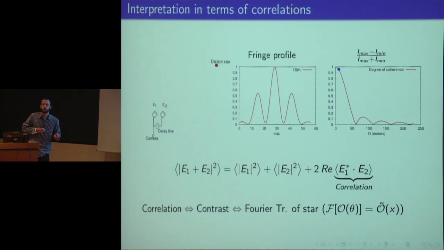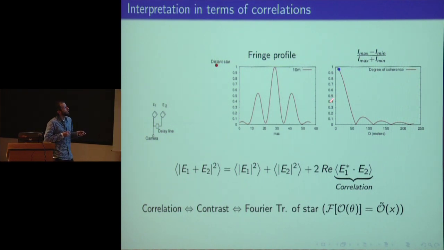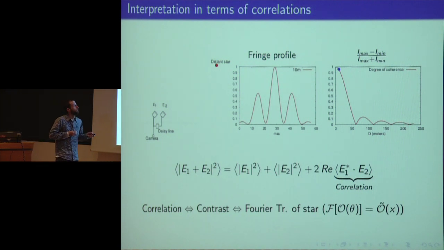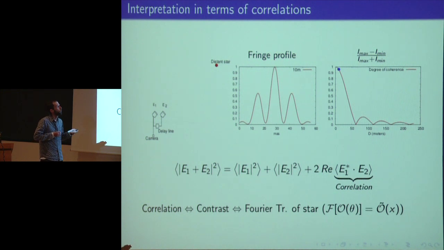Now what is nice is that the interference term can be understood as a time average correlation between the light received at one aperture and the other aperture. Now here on this right hand side plot, I'm showing the fringe contrast. That is to say, something proportional to the ratio of this maximum and this minimum.